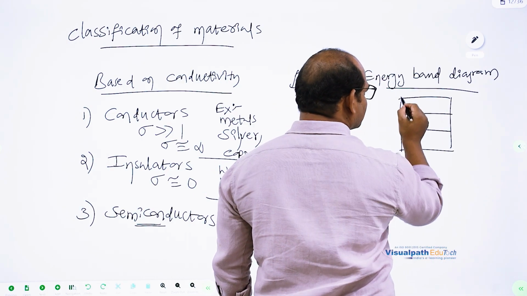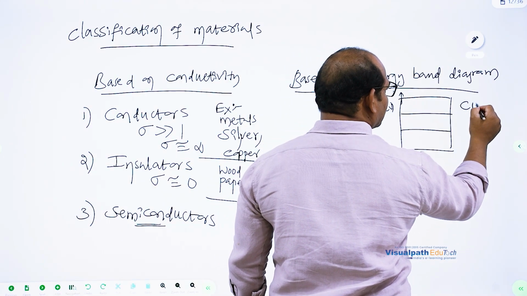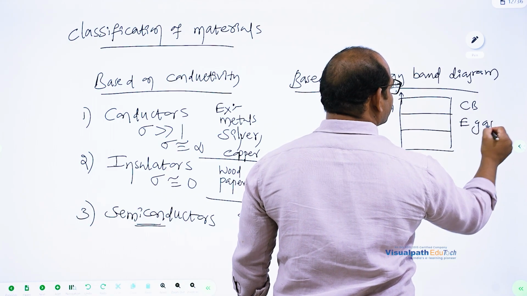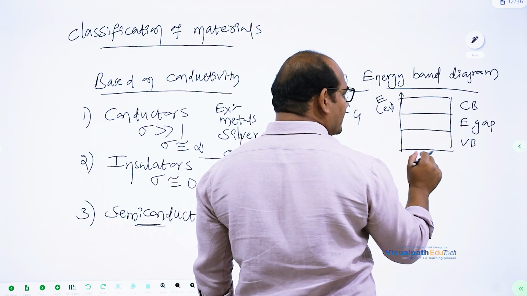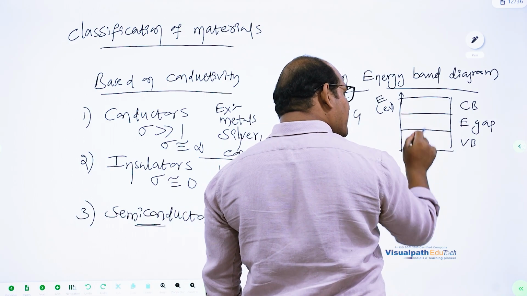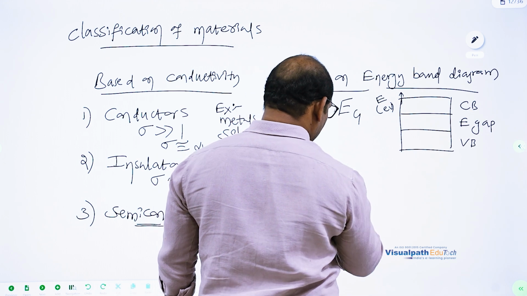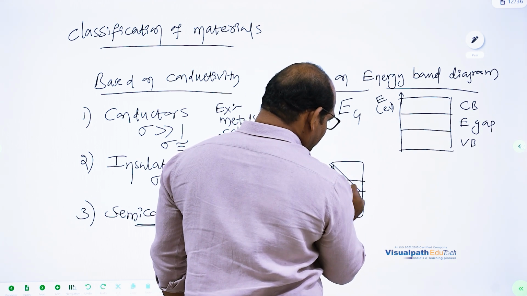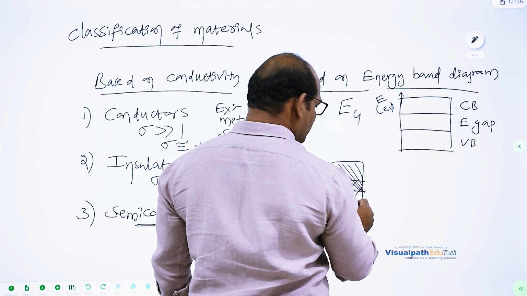So generally energy band diagram is having three bands like this. On y-axis energy in electron volts is there, it is conduction band, it is a energy gap and it is a valency band. So when the valency band and conduction band both are overlapped, then conduction band is up to here and valency band is up to here.